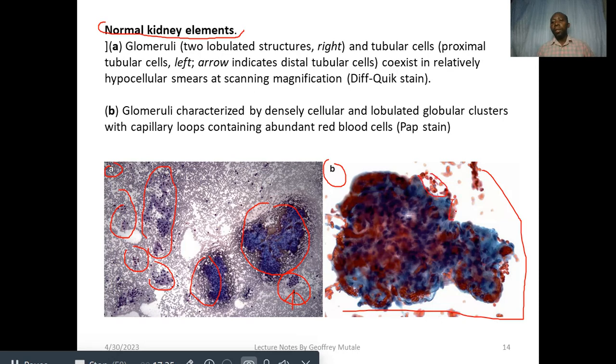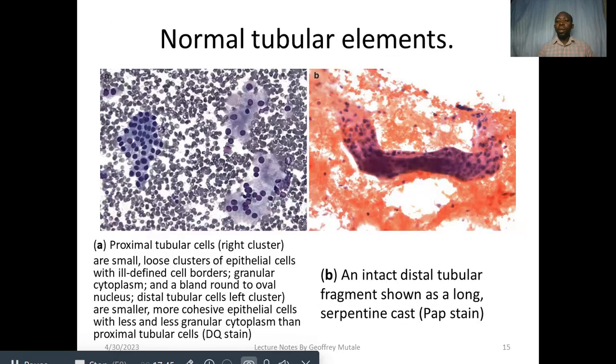There are very many of them. So this is a glomerulus characterized by a hemorrhagic background.